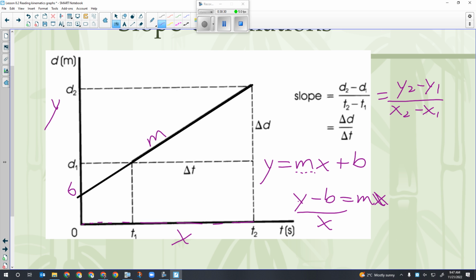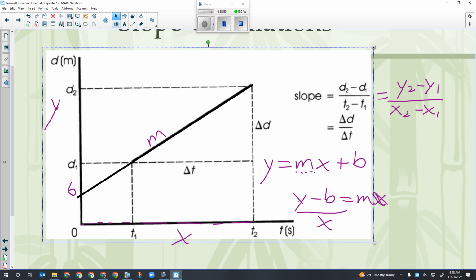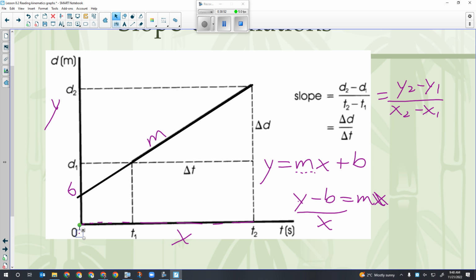Okay, so y and x, their values are whatever is on their axis. Okay, b is our what? What's the time at b? 0.5? 0, just 0. B is at 0. Okay?